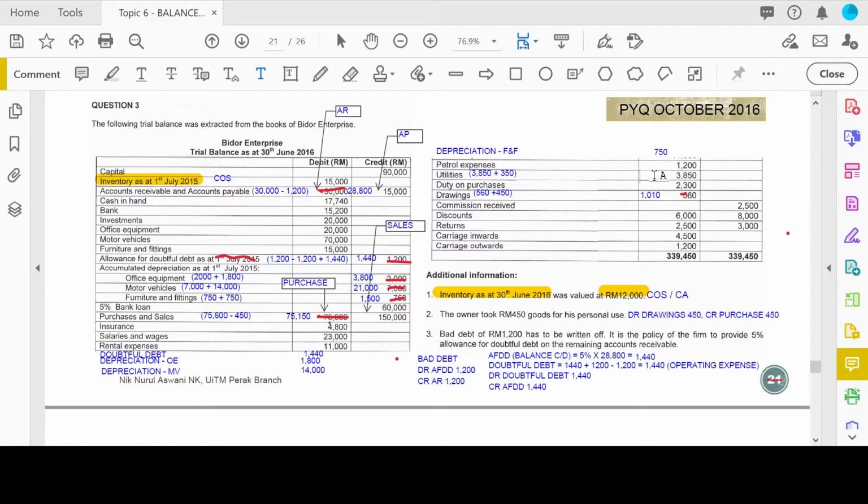So I'm going to replace that with 4,200.